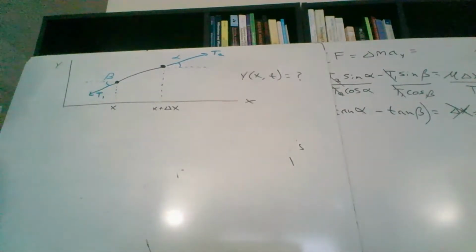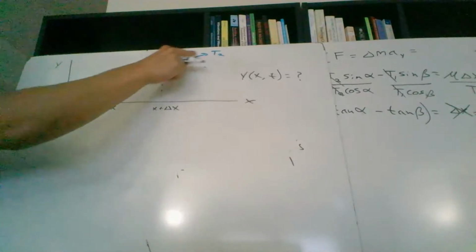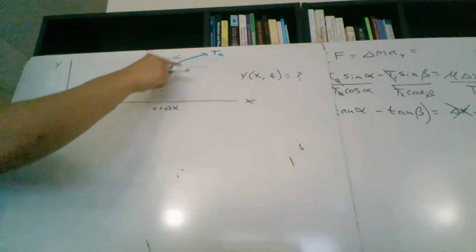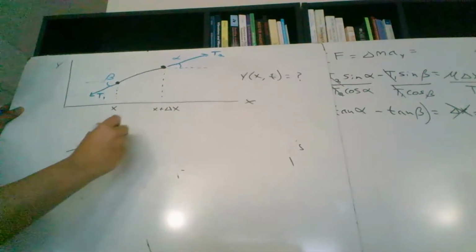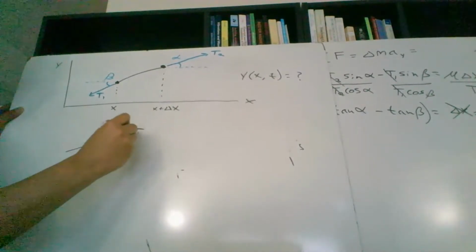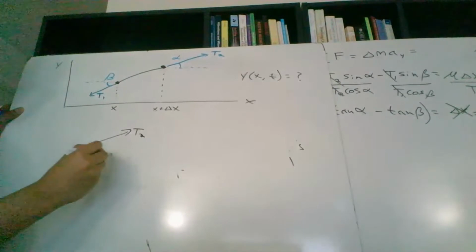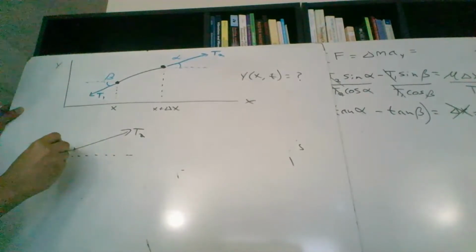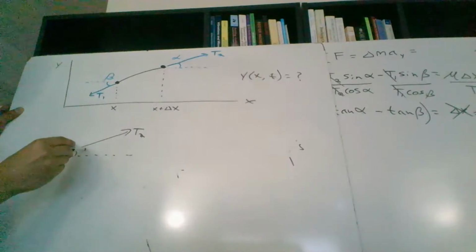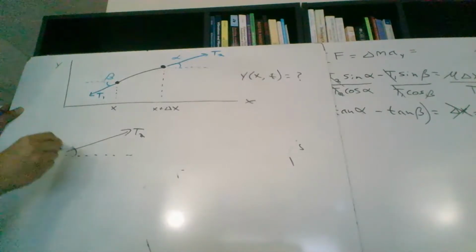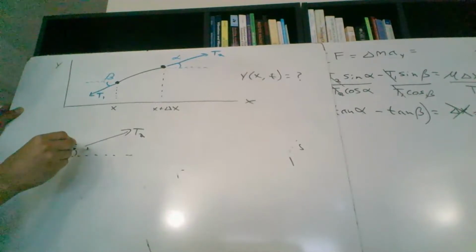Let's look at this triangle right here. We have T2 going like that, and then we have this angle right here, and this is going to be alpha. Alpha is written like this.